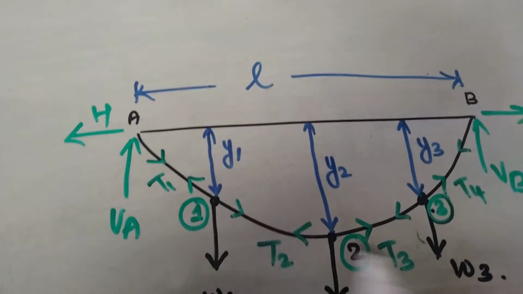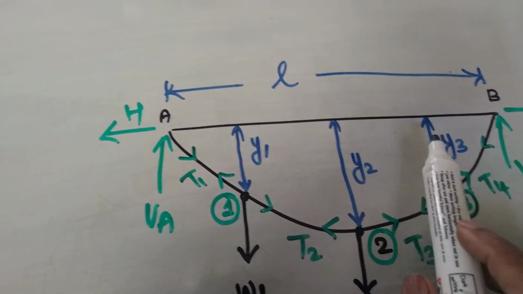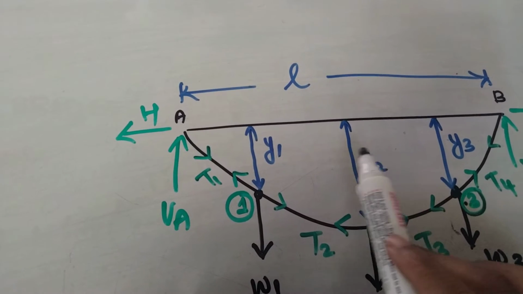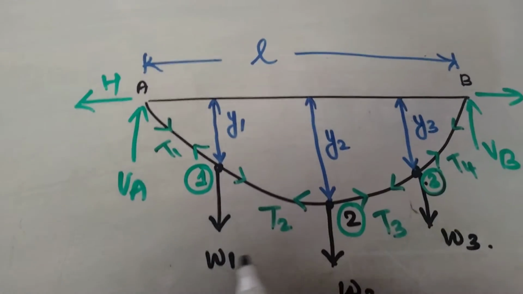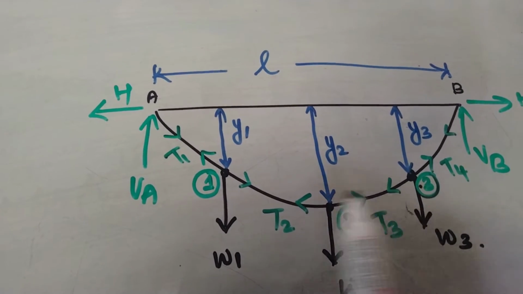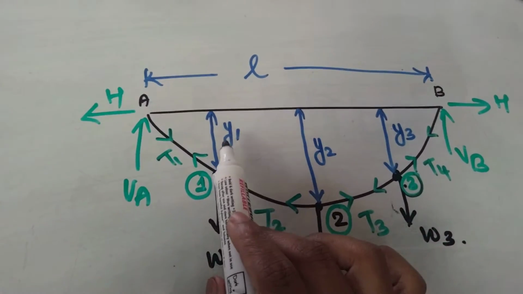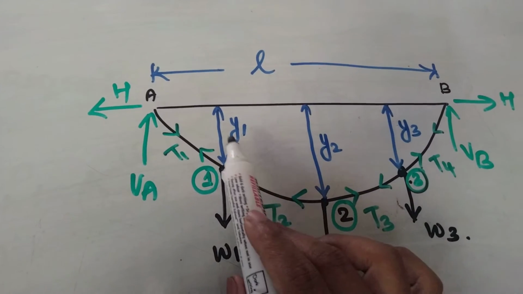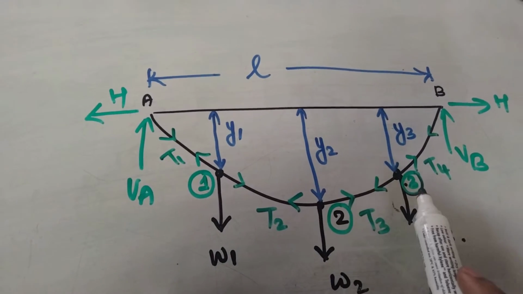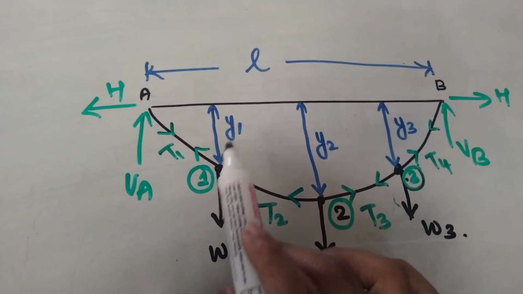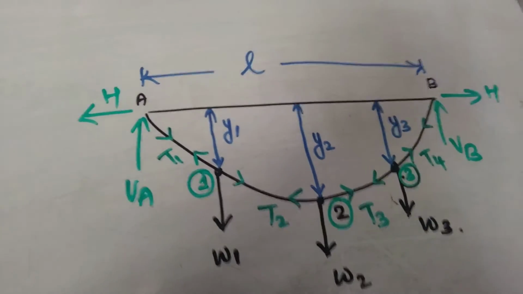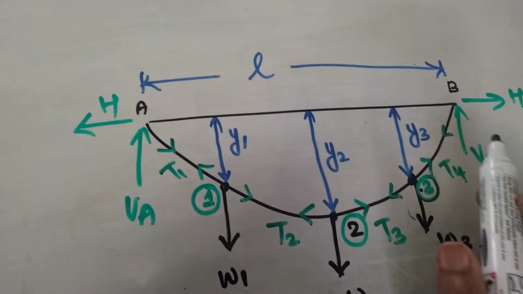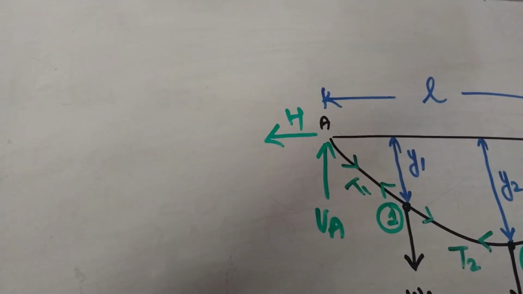So we are going to consider a cable of span L spanning a horizontal gap l, subjected to concentrated loads W1, W2, W3 as shown in the figure. Y1, Y2 and Y3 are the dips at points 1, 2 and 3. VA and VB are the vertical reactions and H is the horizontal thrust.